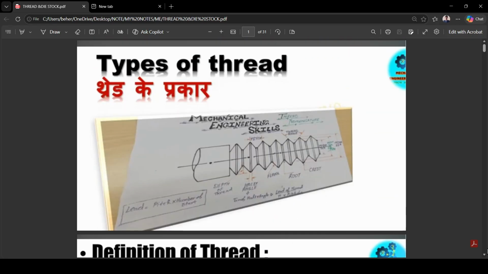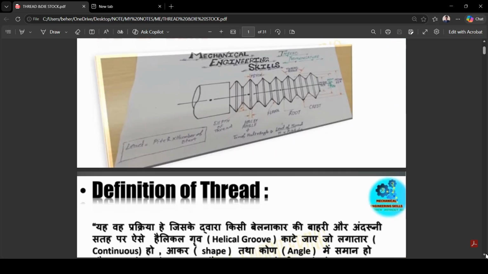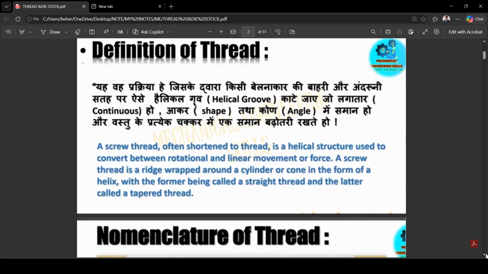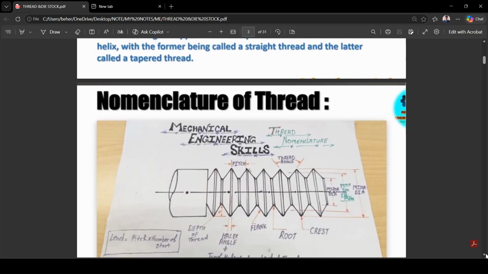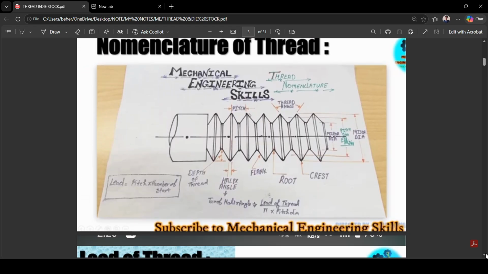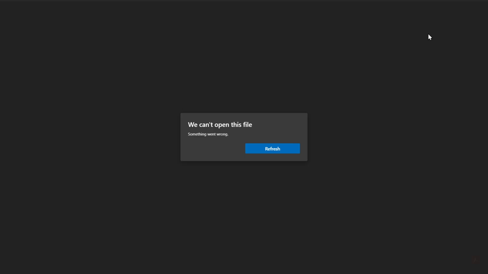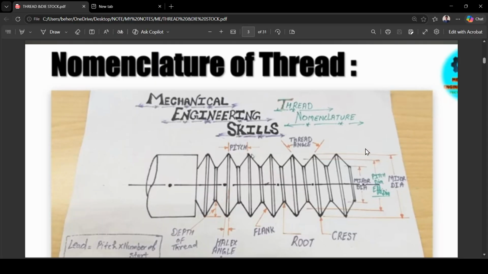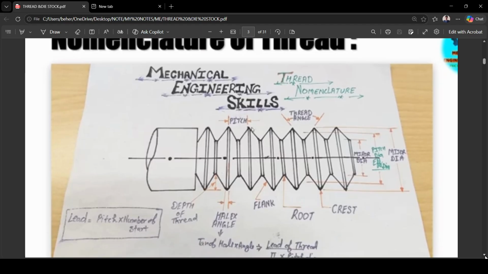See this image. That is called the nomenclature of the thread.